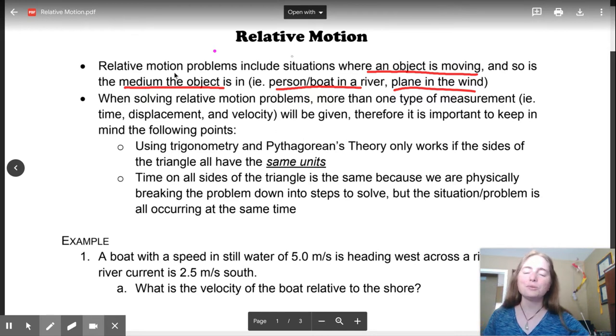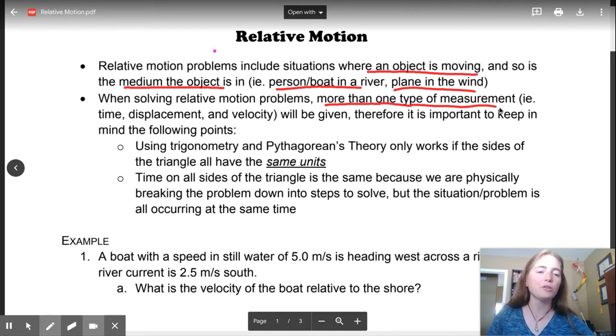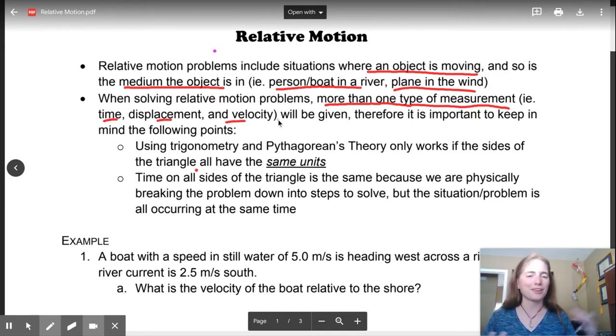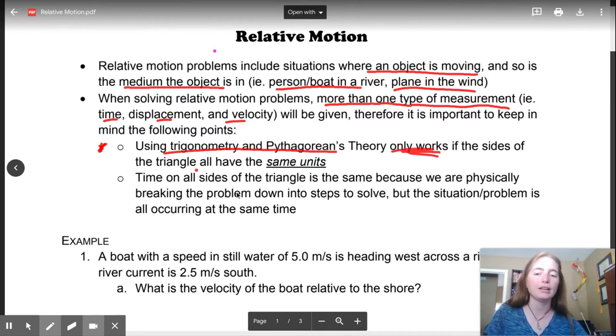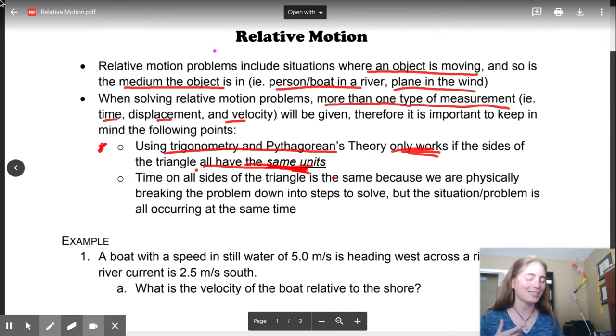Okay. So when we're solving relative motion problems, ladies and gentlemen, we're going to be dealing with more than one type of measurement. Time, displacement, and velocity are all going to be given, so we're going to have to keep track of where everything is. Keep in mind the following pieces. Number one, you absolutely can use trig and the Pythagorean Theorem. However, these only work if the sides of the triangle you're working with all have the same units. So you can't use velocity and displacement in your triangle.